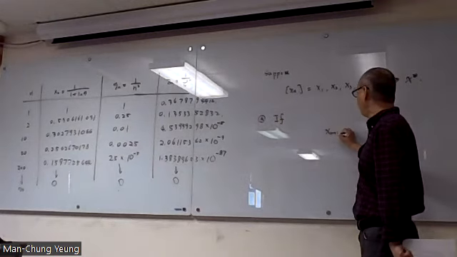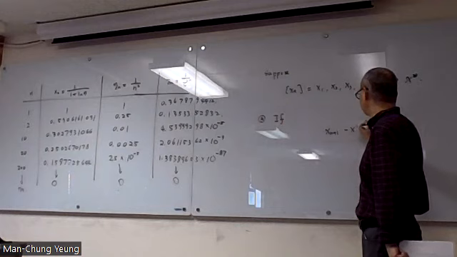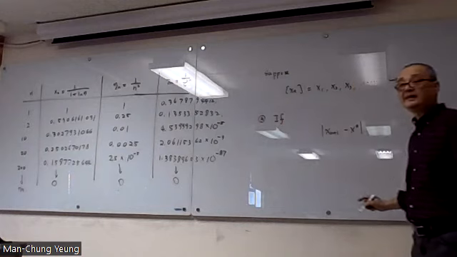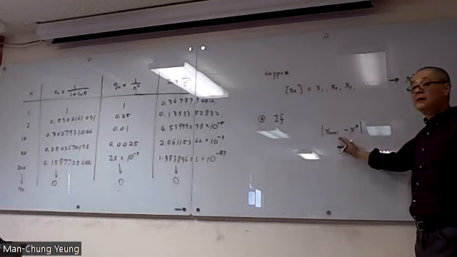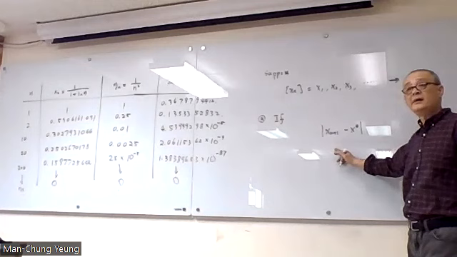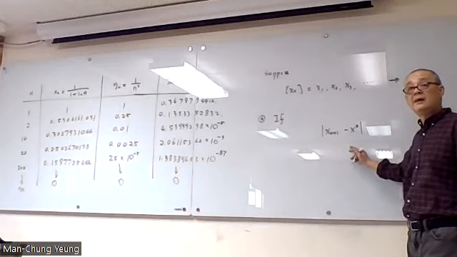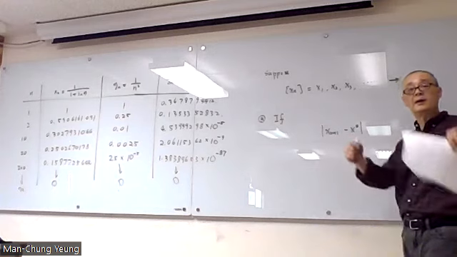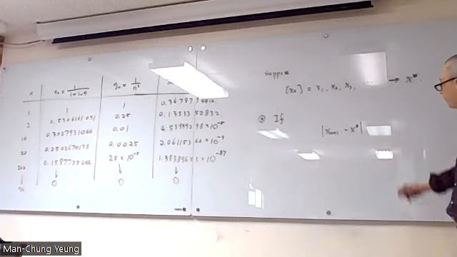Definition. If the absolute value of x(n+1) minus x star, this is the distance between x(n+1) and x star, the distance between these two numbers.